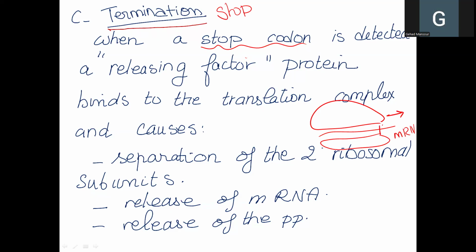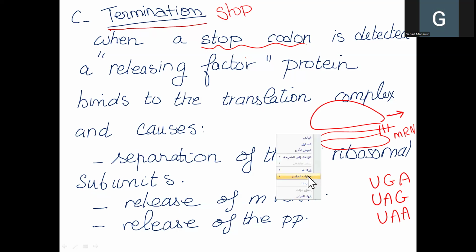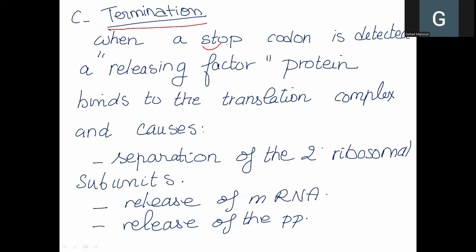And when they reach a stop codon, like UGA, like UAG, like UAA, there will be no transfer RNA. This is very important. There is no transfer RNA that is complementary to the stop codon.